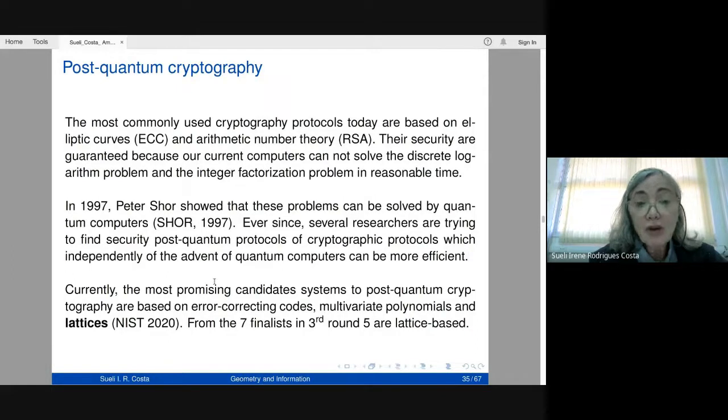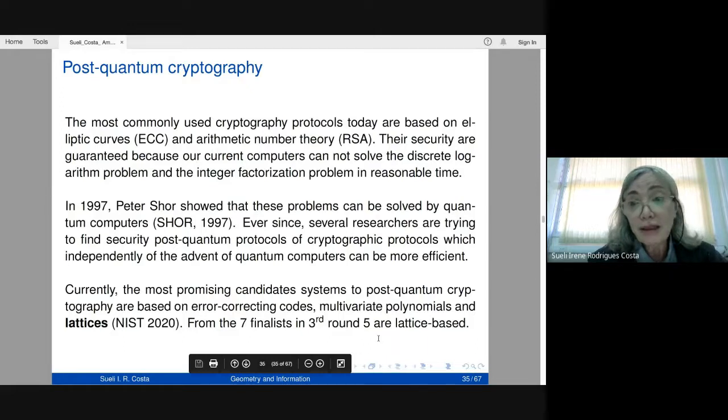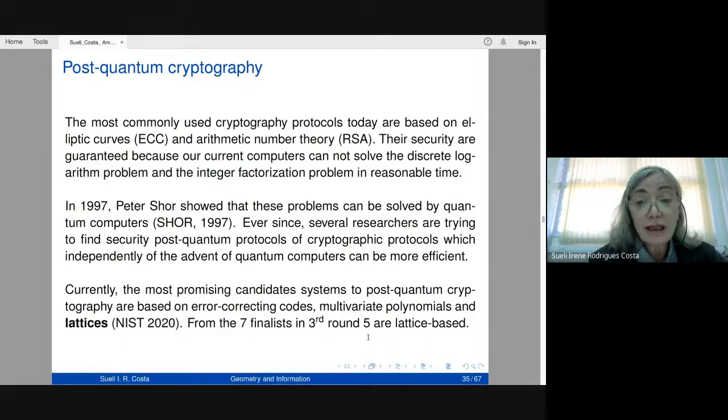And currently, the most promising candidate systems for post-quantum cryptography are based on error-correcting codes, multivariate polynomials, and lattices, right? As I mentioned before, from the 7 finalists in the third round, 5 are lattice-based. So lattices are quite promising in this aspect, right?